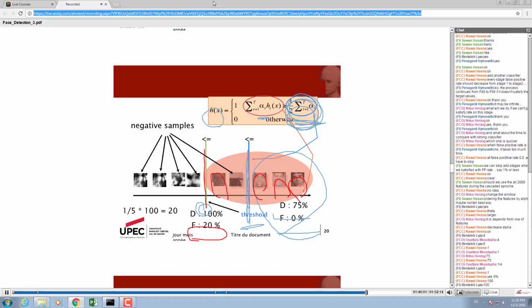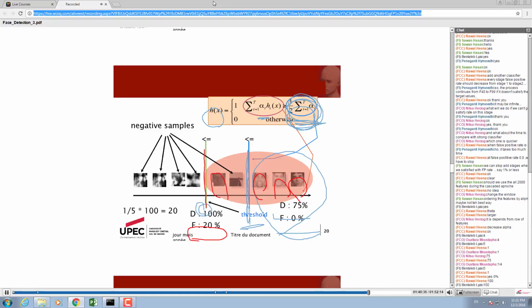The threshold of this classifier is set at the green line, because it satisfies both the detection rate and the false positive rate. But in another case, it satisfies the detection rate, but the false positive rate is still higher than 25%, like 30%.